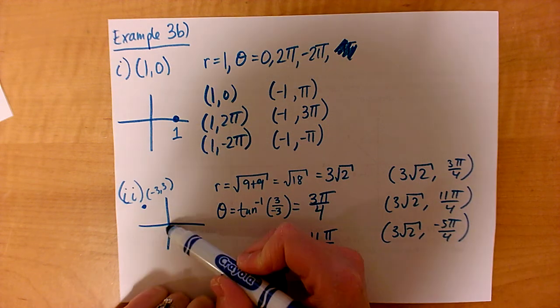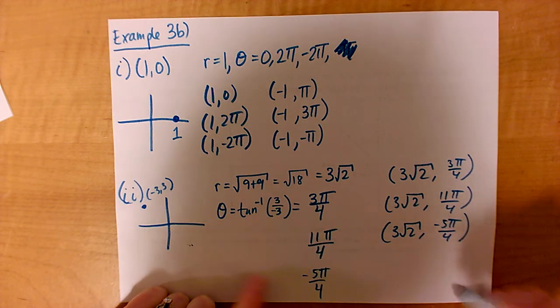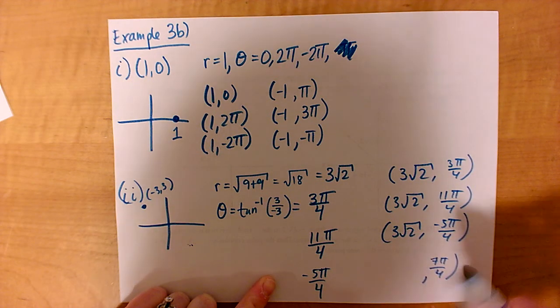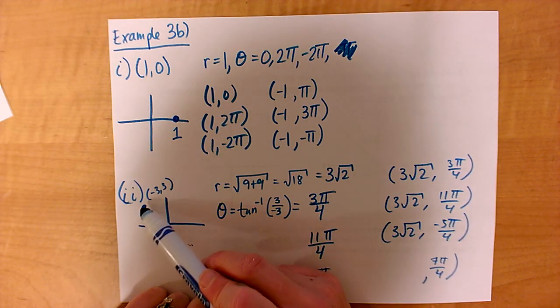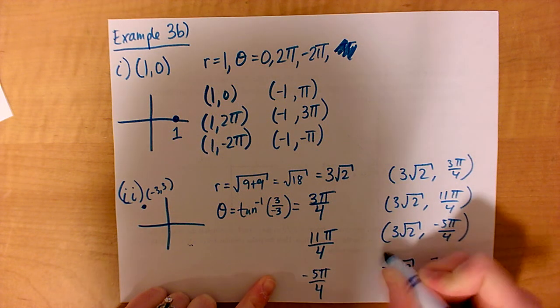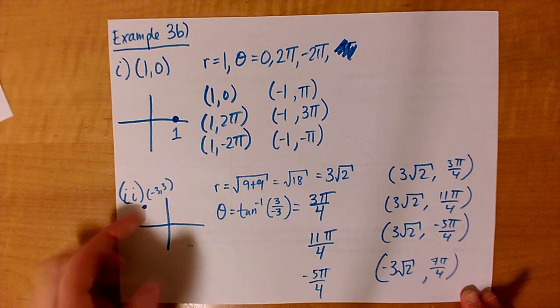So if I wanted to have this angle down here, this would be 7 pi over 4, right? And then if I reverse my distance, that's going to give me my negative directed distance. That would be negative 3 root 2. So that's another option. Okay, so all of those are possibilities.